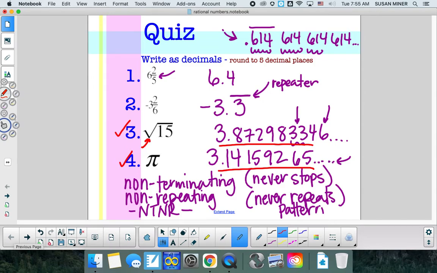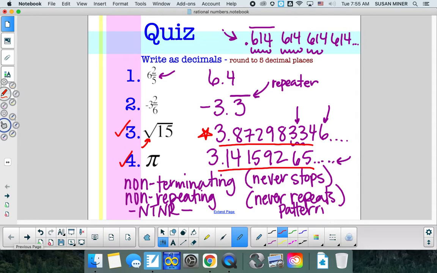We use the square root indicator because sometimes we can't express these numbers as fractions, so we just leave them as square roots. We say the square root of 15. And we actually do use the square root of 15 in our calculations because the decimal expansion is so big and so long that instead we just calculate using the square root of 15. I'll show you how we do that in later units.